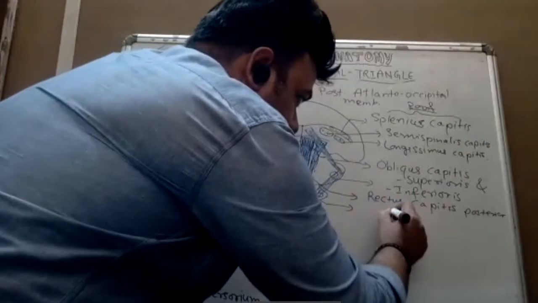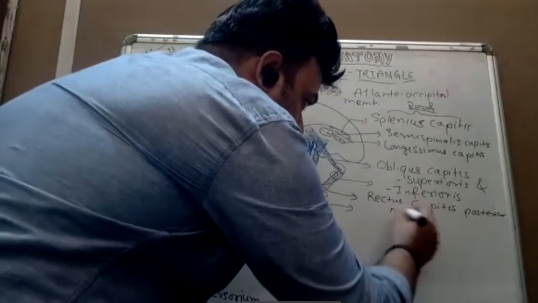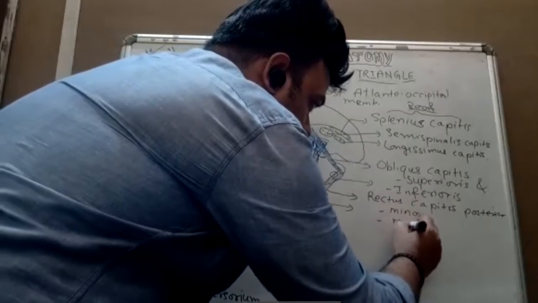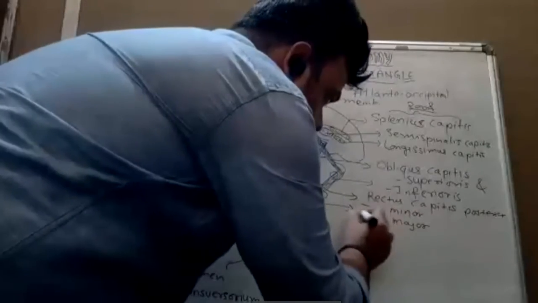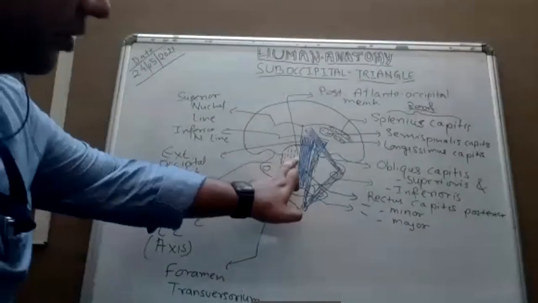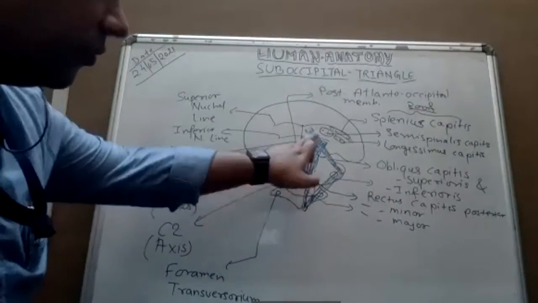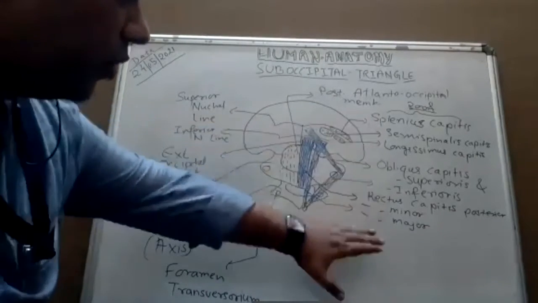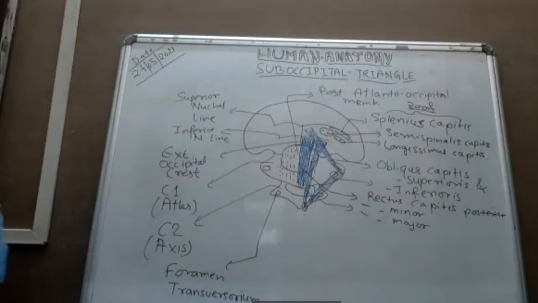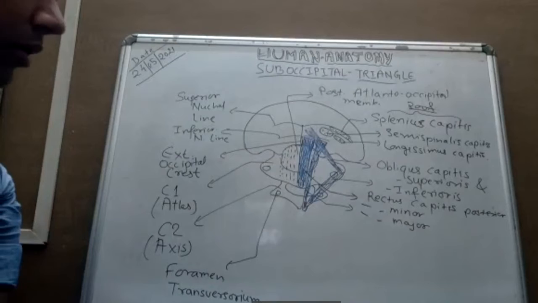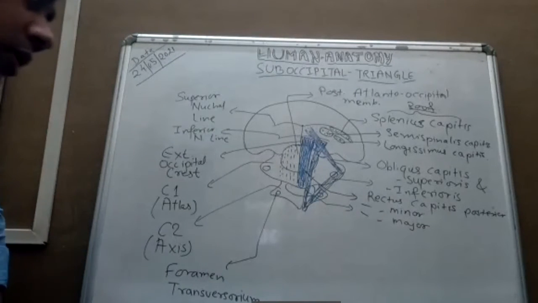The different names are minor and major. Okay? Rectus capitis minor is medial and major is lateral. So these are the roof and the boundaries of this suboccipital triangle. Got it? Okay, understood up to here.